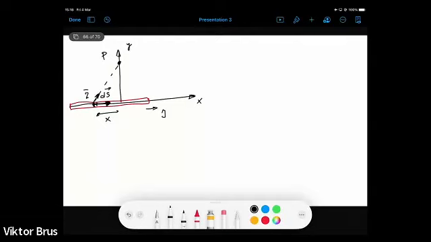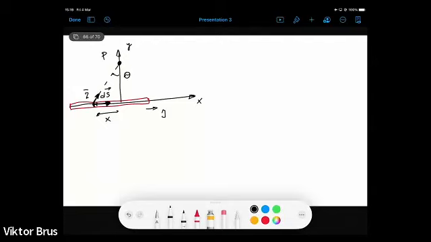This is the unit vector which defines the direction from ds, the small length element, to our point P, where we want to determine the magnetic field. So the angle between axis y and this line which connects ds and point P will be some theta.